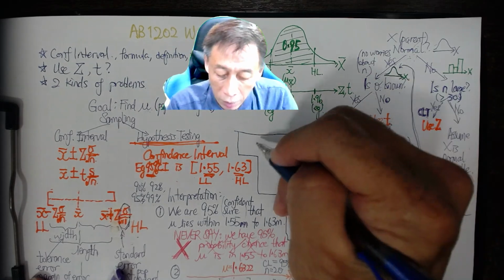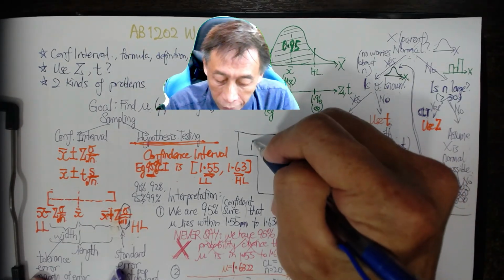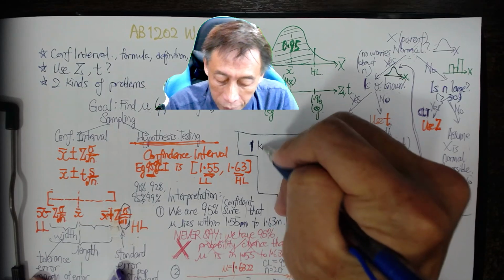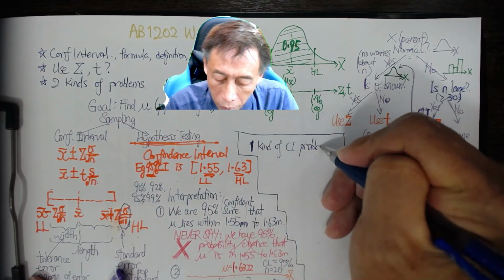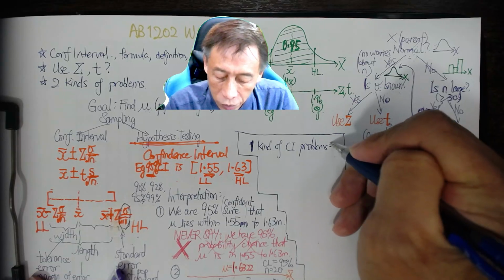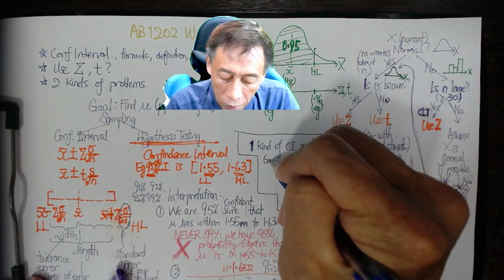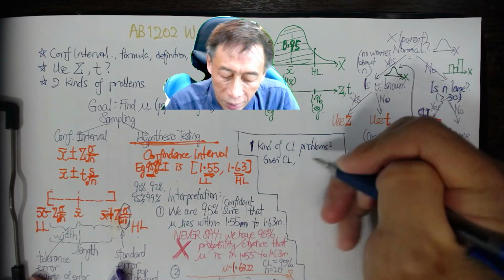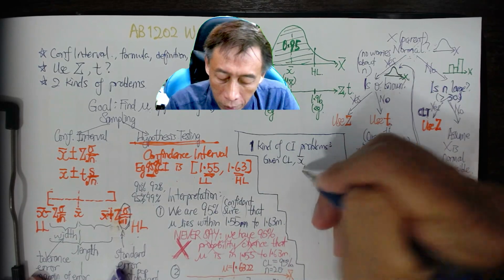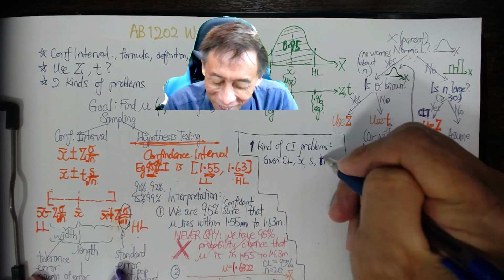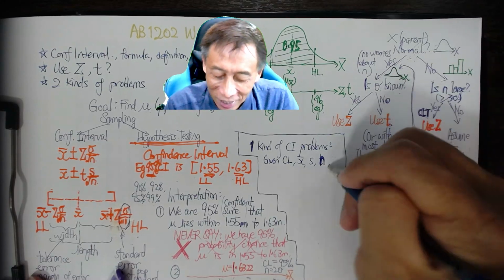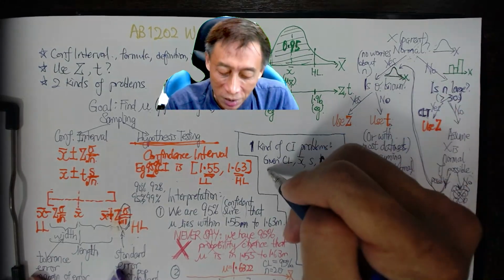So the first kind is the obvious one. Just calculate: given confidence level C, X bar, S and N, find the confidence interval.